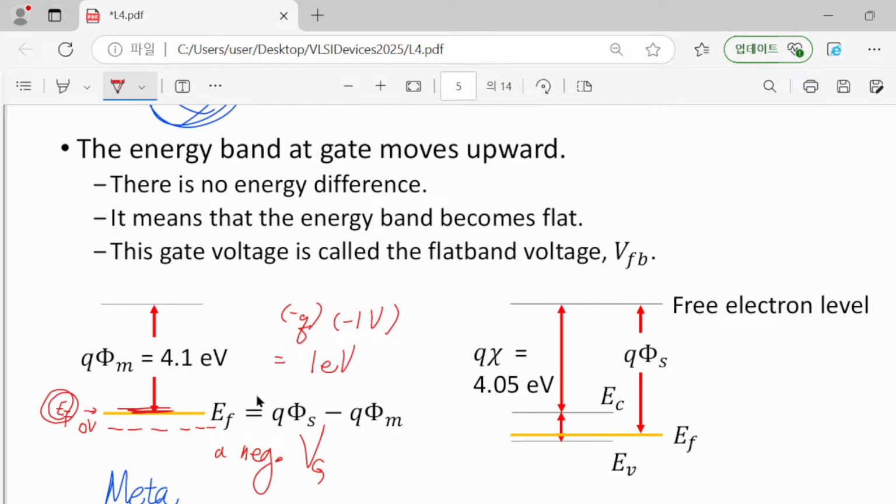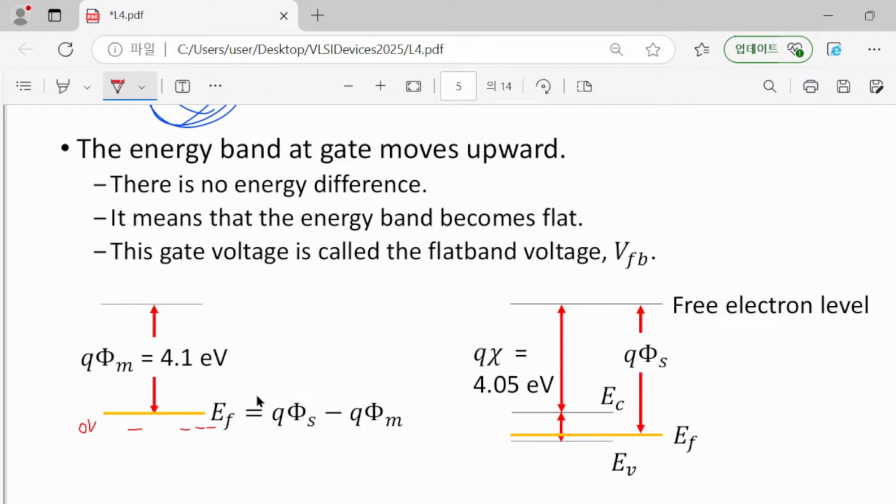Therefore, it yields +1 electron volt upward. So this is the direction for our negative gate voltage. And if we apply positive gate voltage, then there will be a negative or downward shift of our Fermi level. Okay, so now let's play with this metal part only. By changing the gate voltage, you can control the position of your Fermi energy.